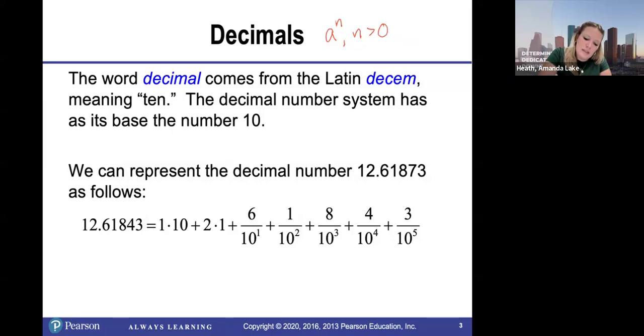Then this means a times a times a, dot dot dot, times a, n times. So 10 squared is 10 times 10, or 100.